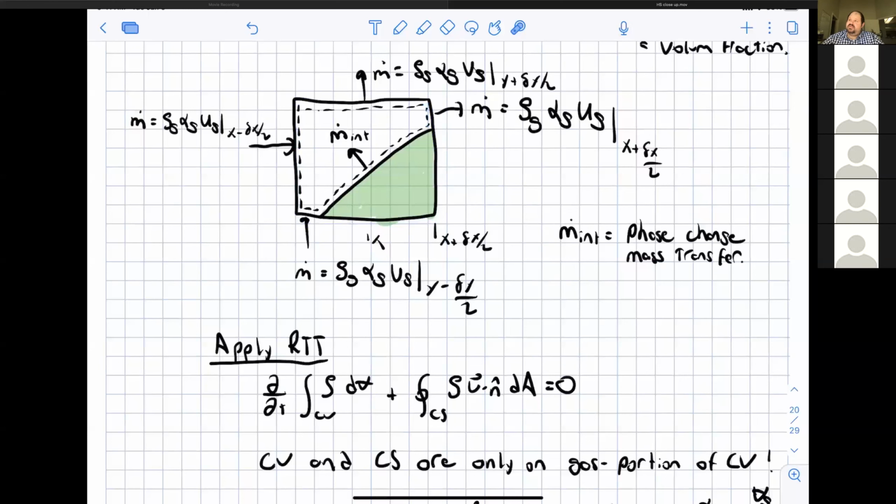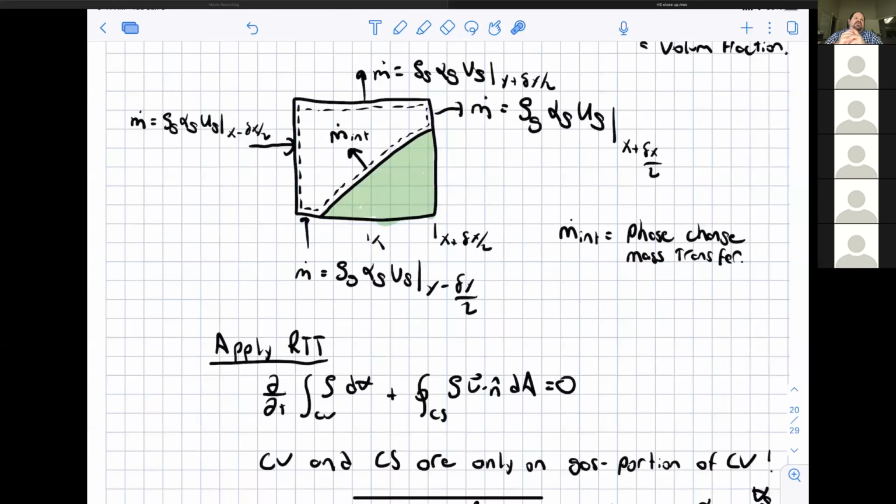Does that make sense? Yeah, it just seems like we're resolving that cell finer than we're telling the computer. We can give it the fraction of each phase, but picking exactly where that material exists is refining that cell even further. Yeah, but that's just for the derivation of the equations.